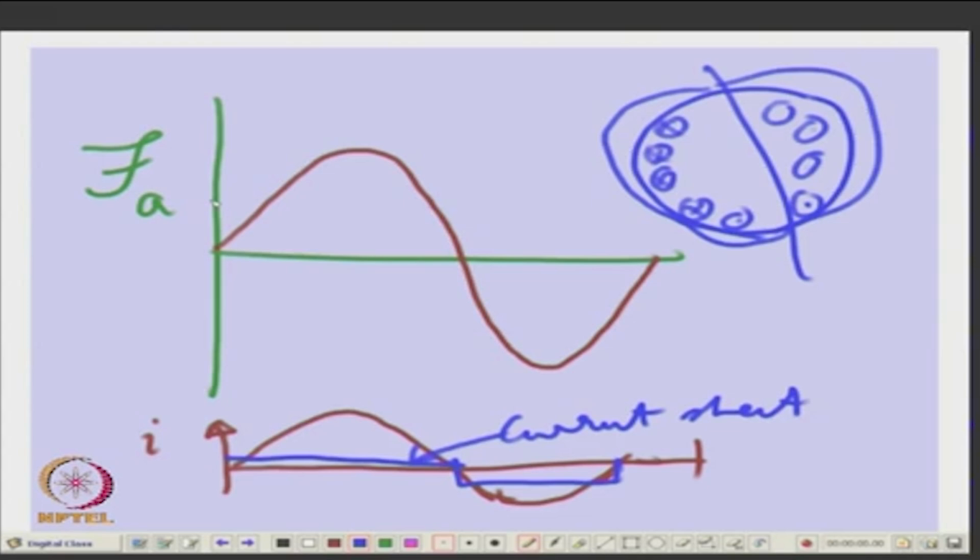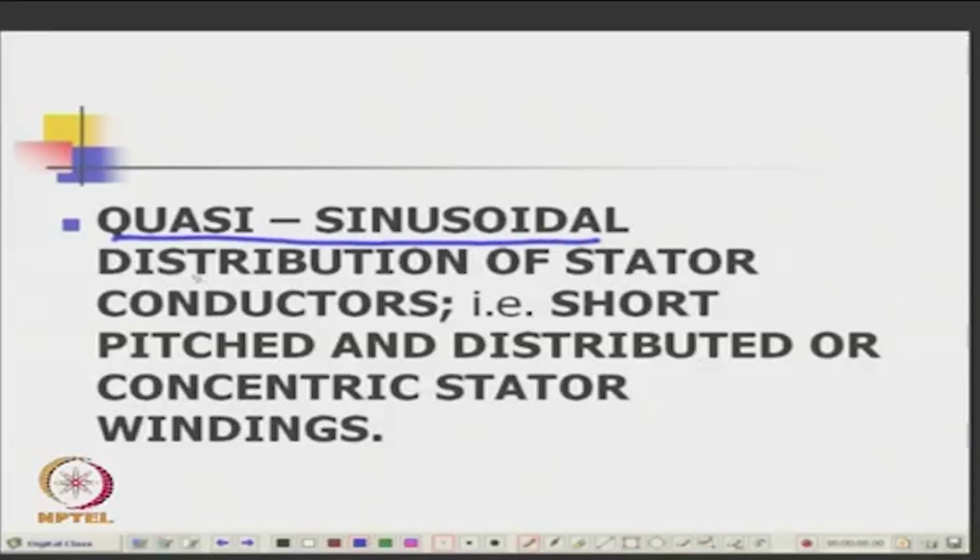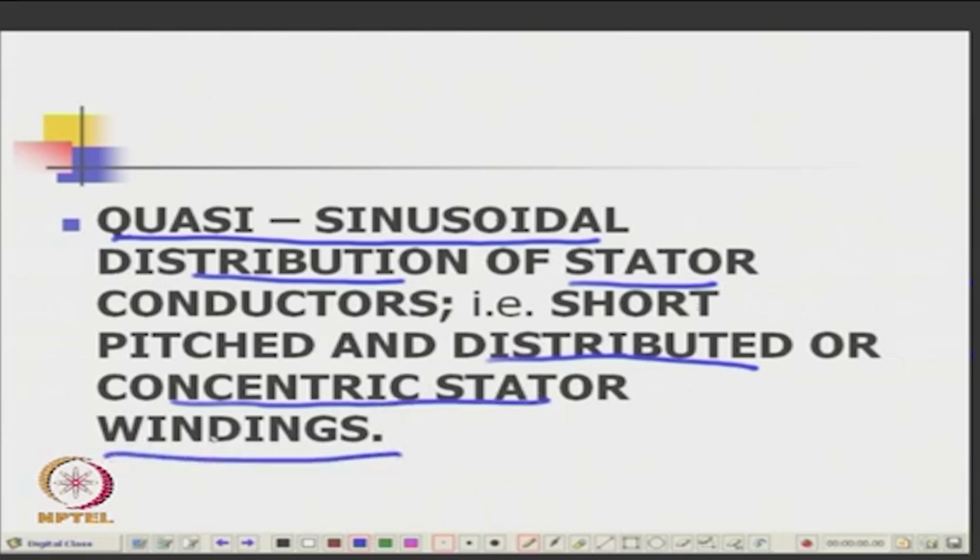So, you normally have distributed windings, not concentrated winding. You have a quasi sinusoidal distribution of stator conductors, you have short pitch distributed or concentric stator winding. You are aware of what is known as AC windings, is it not? AC windings are different from DC windings. AC windings are distributed windings, short pitched windings. So, these are some of the features unlike a DC winding.